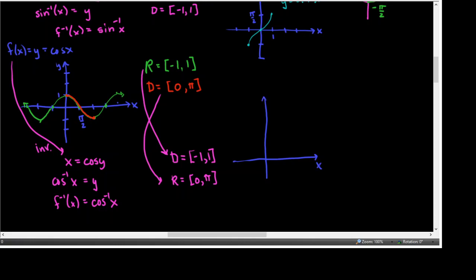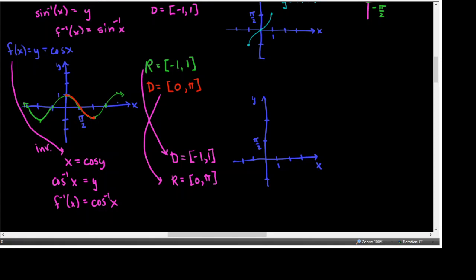So this is the graph of the inverse function. Again, we're going to make the x scale by 1s because the y scale on the function was by 1s. And we're going to make the y scale by pi over 2 because that was the scale on the x-axis for the regular function.